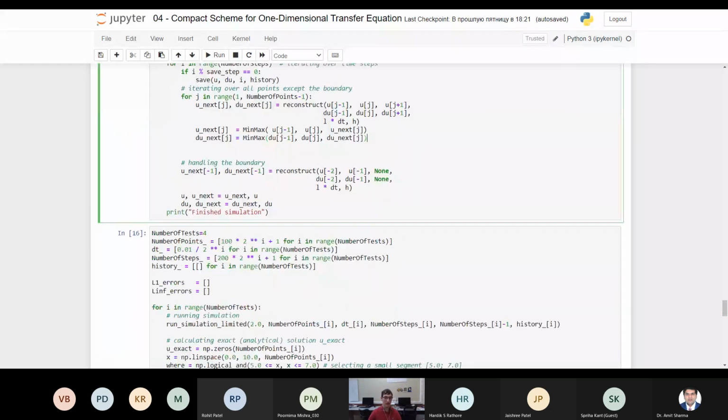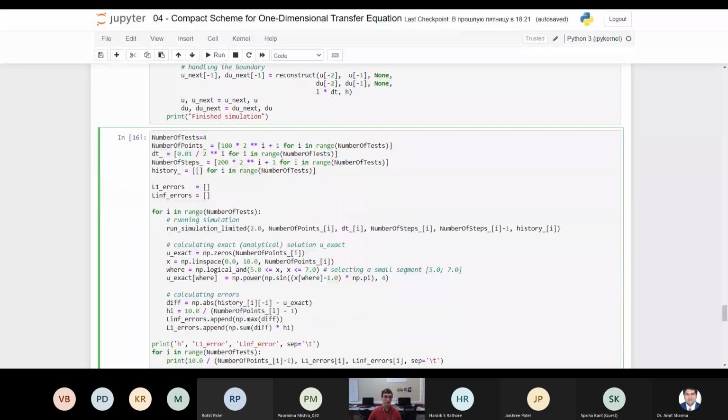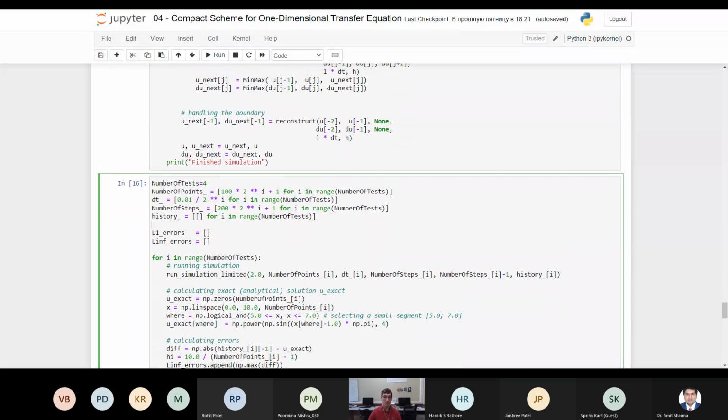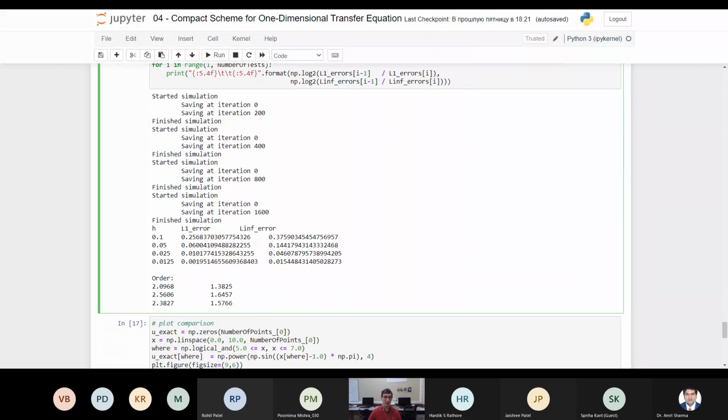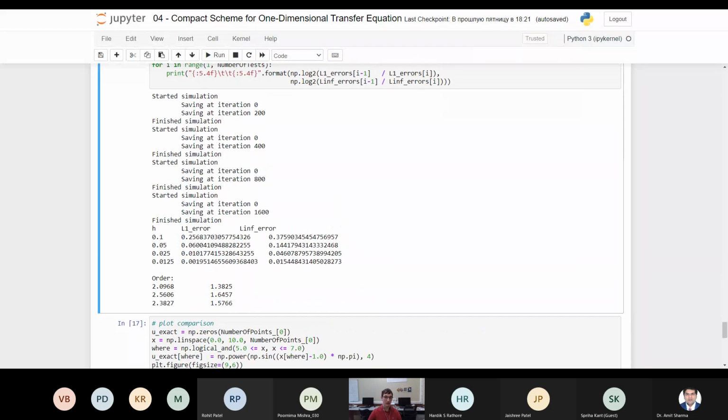And here in this cell, we have run the tests for the limited simulation with these special monotonizers, and it results in the following order values, the following errors. And what we can see immediately is firstly that the order is much smaller.